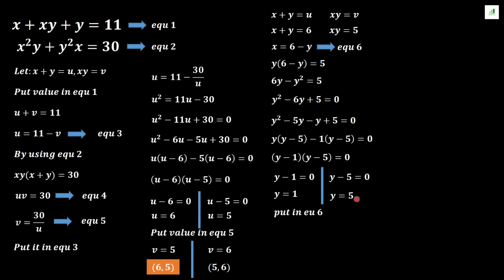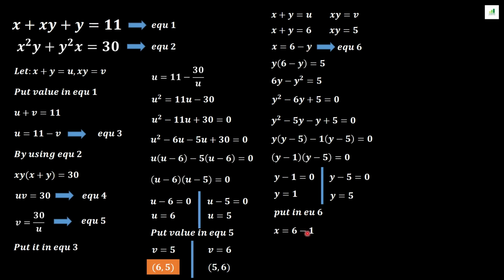Now we should replace the values of y, 1 and 5, inside equation number 6. So first we put the value y equal to 1 inside equation number 6, and we will get 6 minus 1, because 6 is the same as before, and this 1 will replace y.